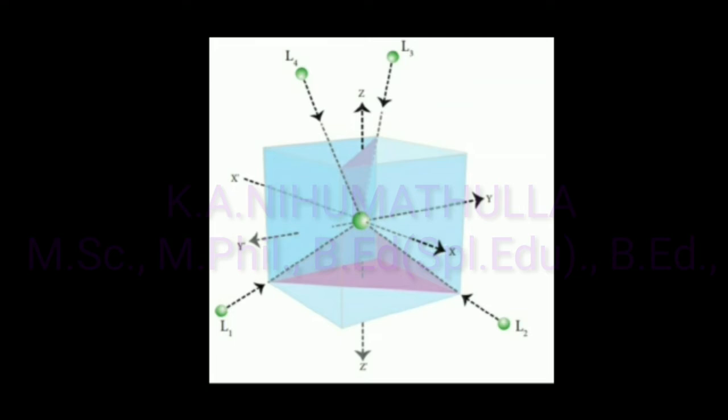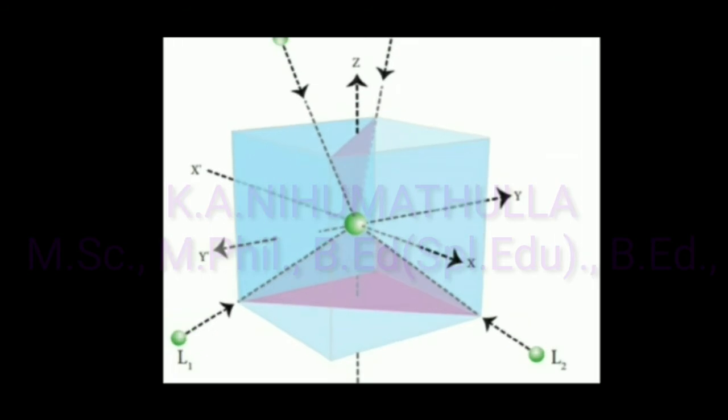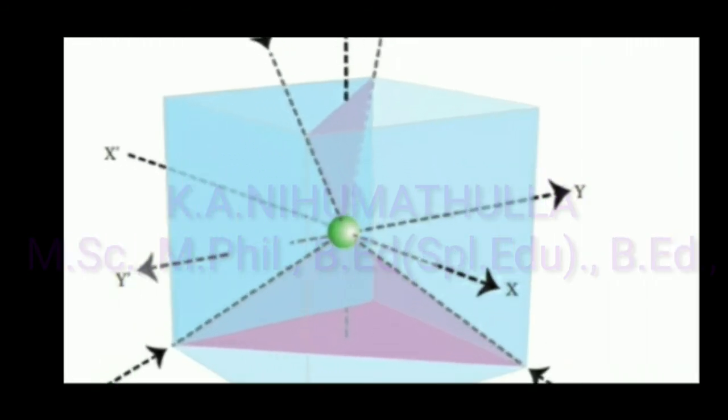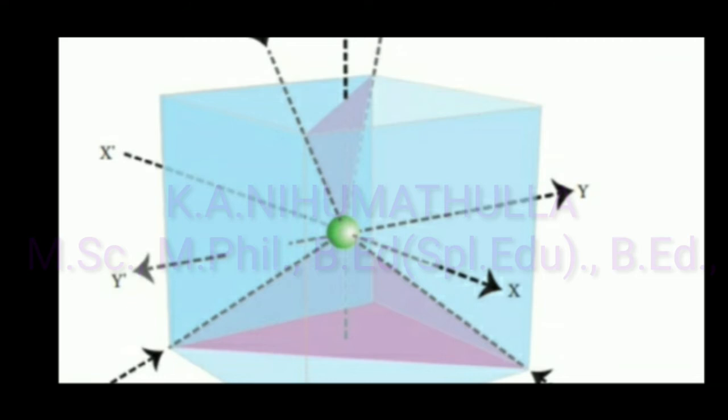The approach of ligands in a tetrahedral field can be visualized as follows: consider a cube in which the central metal atom is placed at its center. This is the central metal atom, the origin of the coordinate axes.